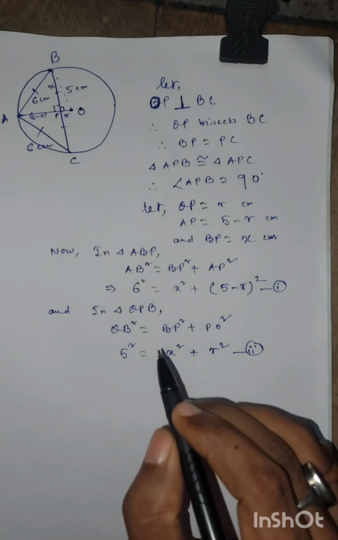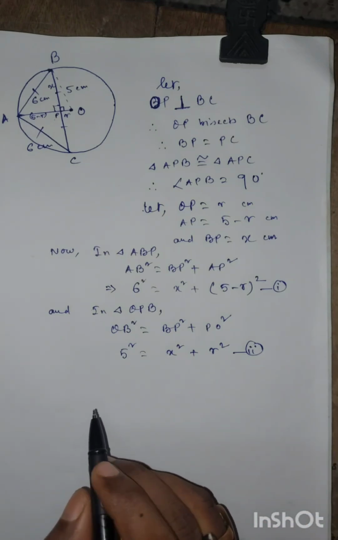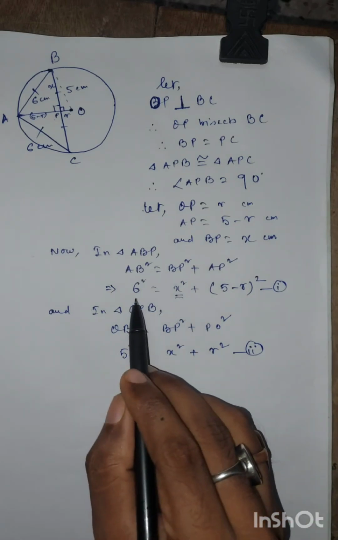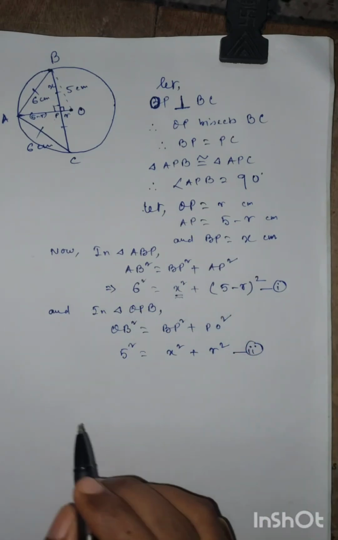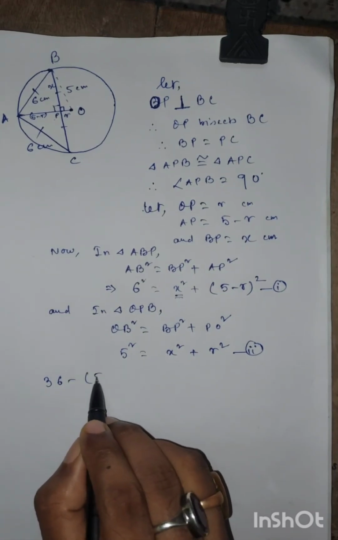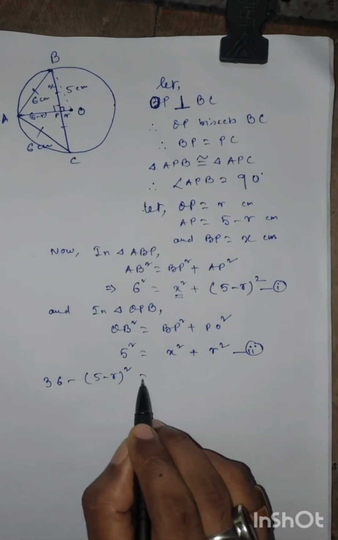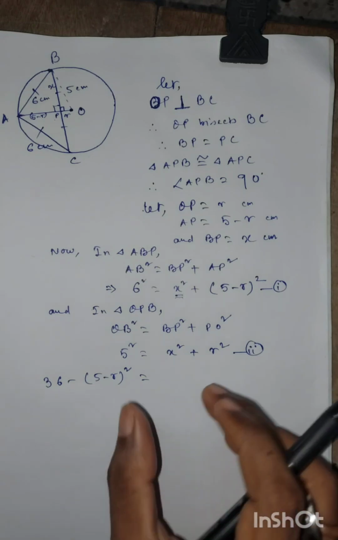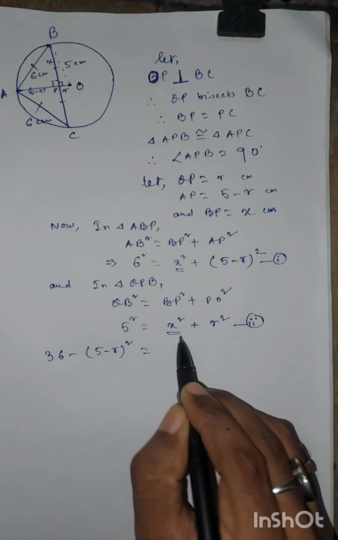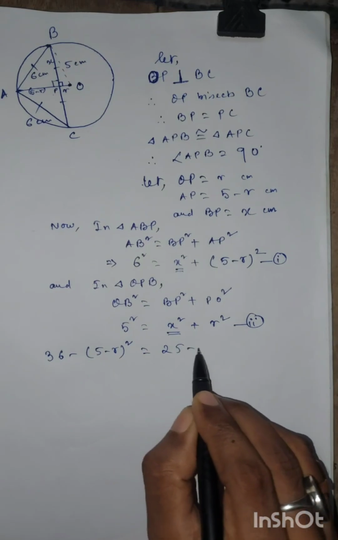Now, from this equation, the value of x square is 36 minus this quantity, and from this equation, the value of x square is 25 minus r square.